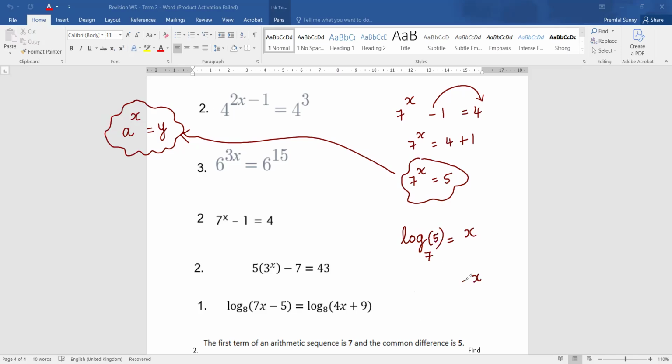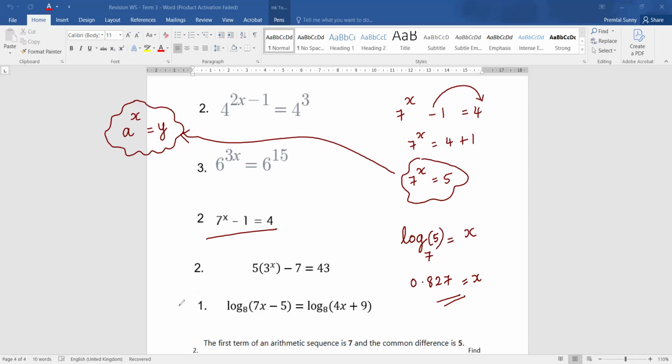So let's put the left hand side in our calculator: log 5 to the base 7, which will give us 0.827. 0.827 will be the answer for this question.